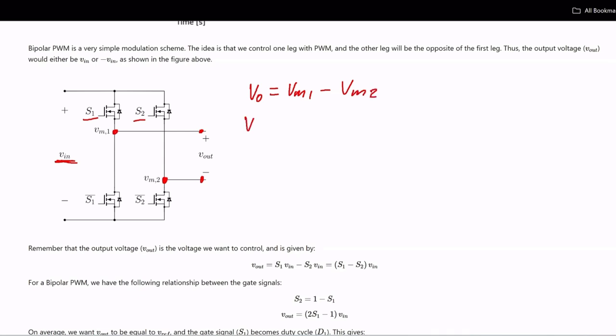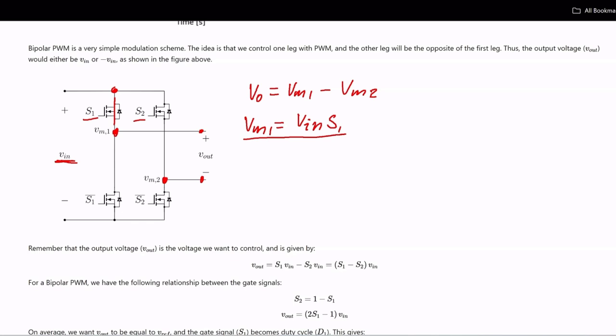So VM1 is equal to the input voltage Vn multiplied with S1, because when S1 is 1, you can see that this switch here is closed. So the voltage here is equal to the voltage here. So we get Vn. And if it's 0, then we also get 0, because then the voltage here is equal to the voltage here, which is 0.